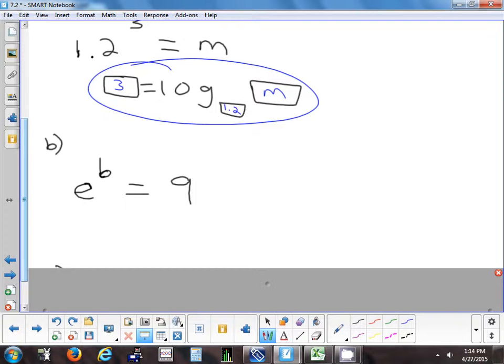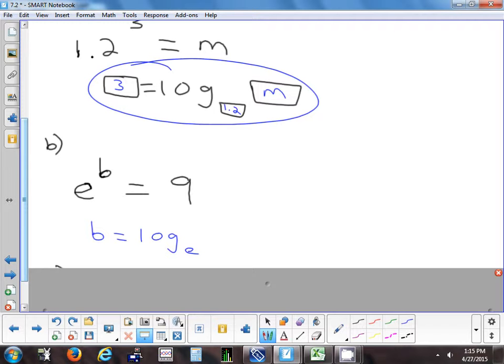Would it be b equals log e? I'm not sure where you want me to put that e. 9. Like right below the log. So you want that as your base, right? Yeah. Yeah, so good. B equals log base e. Is that right so far?